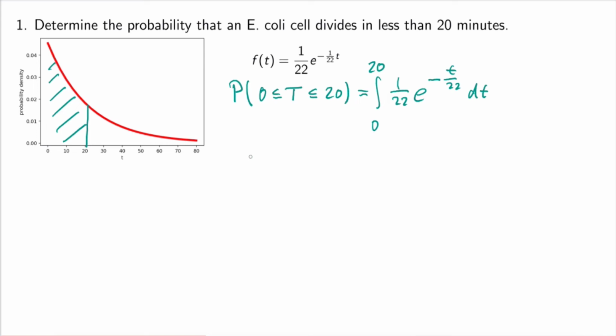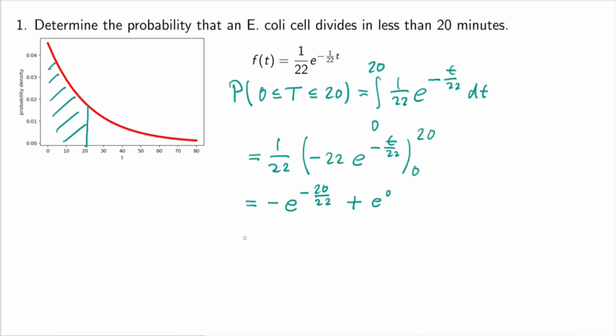Let's compute this just quickly. We keep the 1 over 22, we take the antiderivative of the exponential, which is minus 22 e to the minus t over 22, and then all this between 0 and 20. Okay, so the 22's cancel, and then we sub in the 20, e to the minus 20 over 22, and then we sub in 0, so minus minus plus e to the 0.